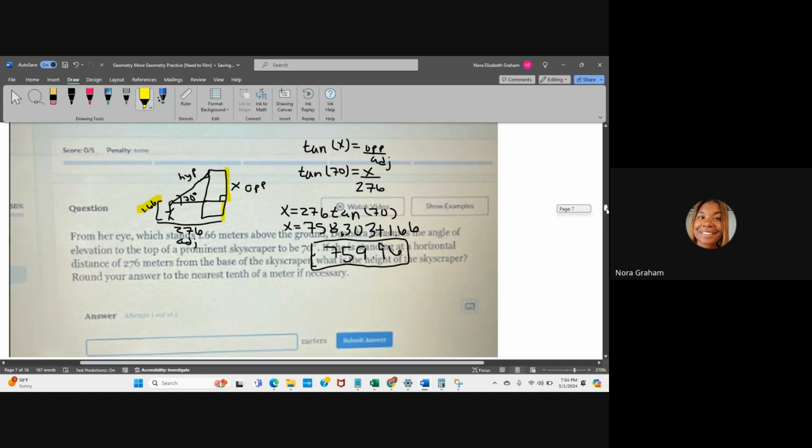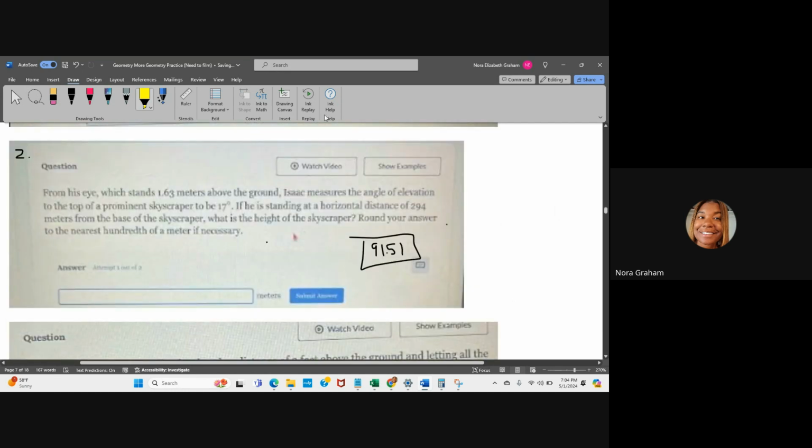All right, let's go ahead and do another one. This one's going to be kind of the same thing. So from his eyesight, let's go ahead and draw Isaac. Okay. And he stands 1.63 meters above the ground.